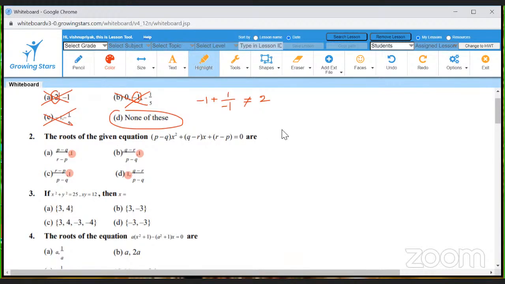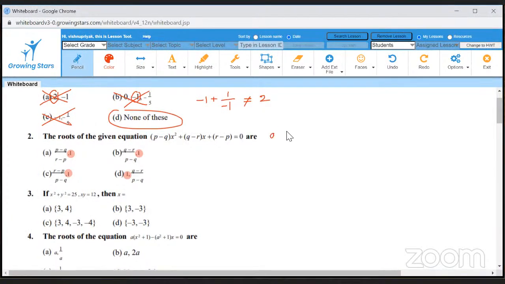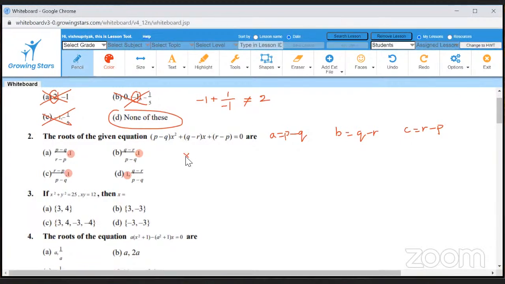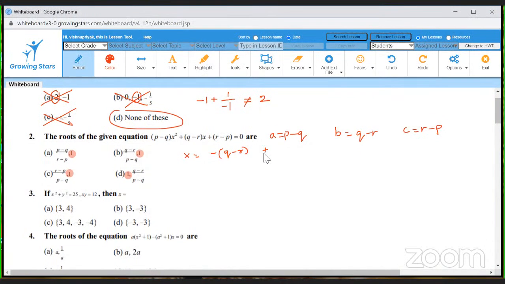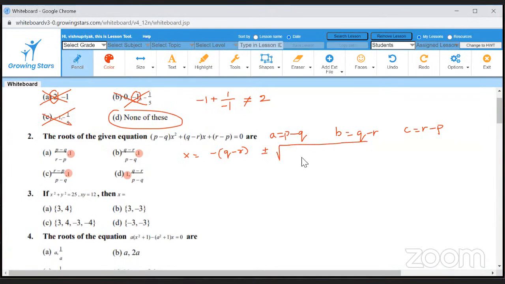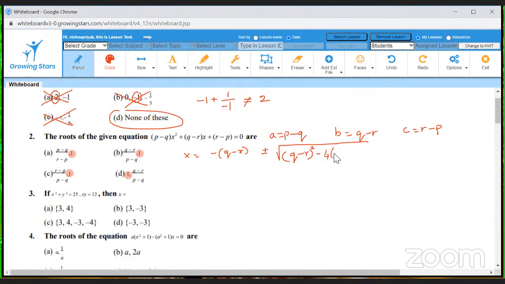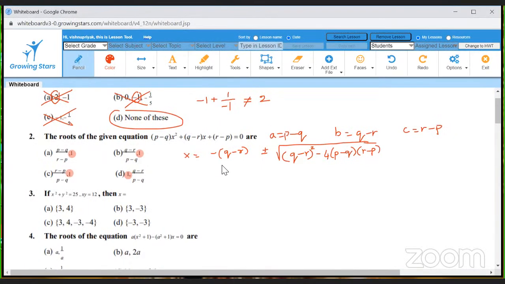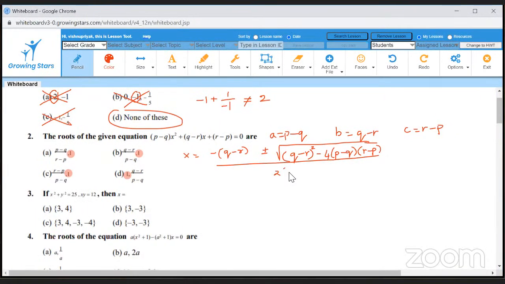Here, the long method is A is P minus Q, B is Q minus R, C is R minus P. Then X will be minus B plus or minus square root of B square minus 4 into A into C, by 2A.